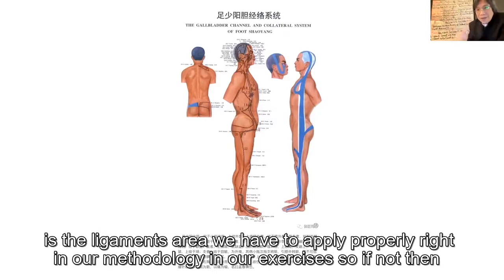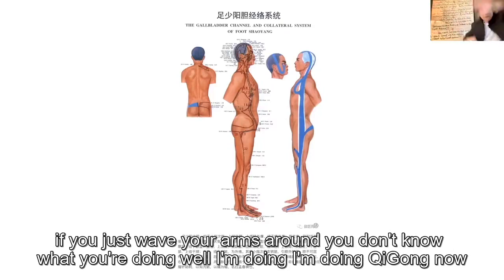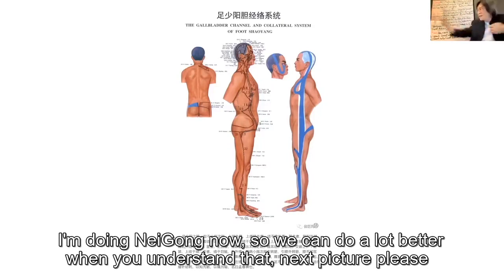And these are the ligaments we have to apply properly in our methodology, in our exercises. If not, you just wave your arms around, you don't know what you're doing, and say, oh, I'm doing Qigong now, I'm doing Nei Gong now. We can do a lot better when you understand that.